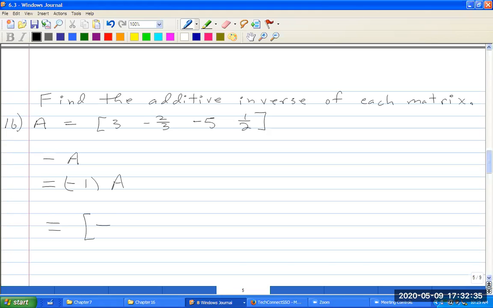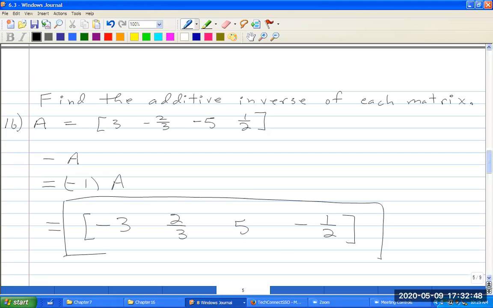So negative 3, positive 2/3, positive 5, negative 1/2. And that is your additive inverse. If you added these two matrices, you would get the 0 matrix, the additive identity.